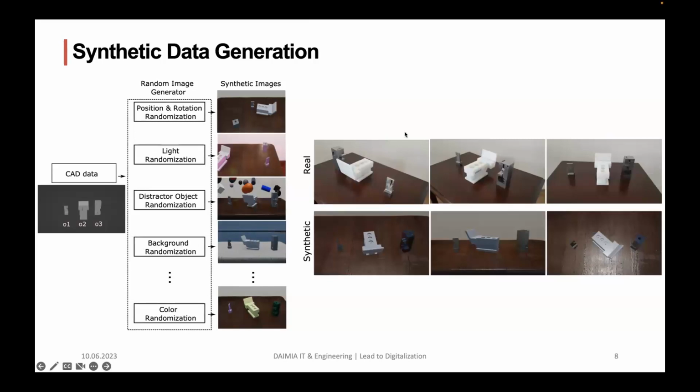We randomize all these parameters to see which have the most effect, and also to increase the domain adaptation of the trained model. And here are a few examples of real images and synthetic images.